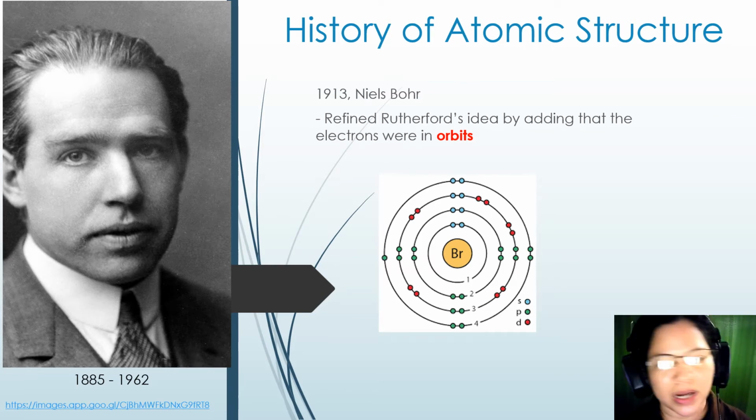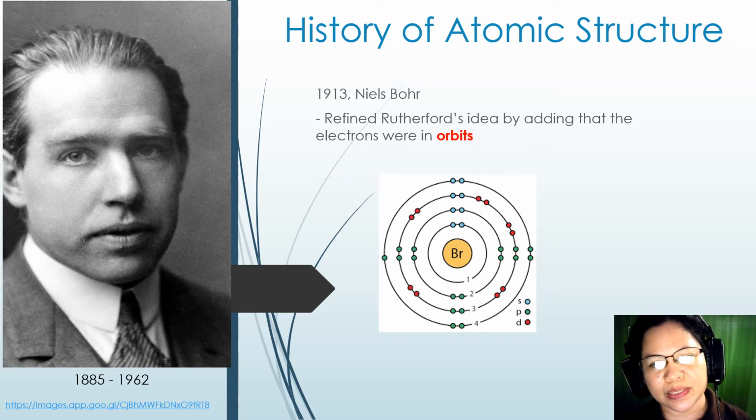Period 1 is the first energy level, period 2 is the second energy level, period 3 the third energy level, fourth, fifth, and sixth. And in this example, you can see that the electrons occupy the SPDF levels.